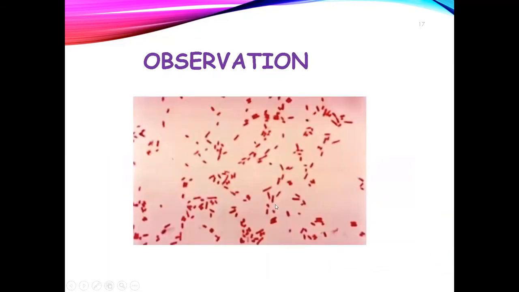So as we have used E. coli, and E. coli being gram negative bacteria, pink colored bacteria are observed under the microscope. So under observations, you have to draw this diagram showing the pink colored bacteria, and in here you have to write that pink colored bacteria were observed.